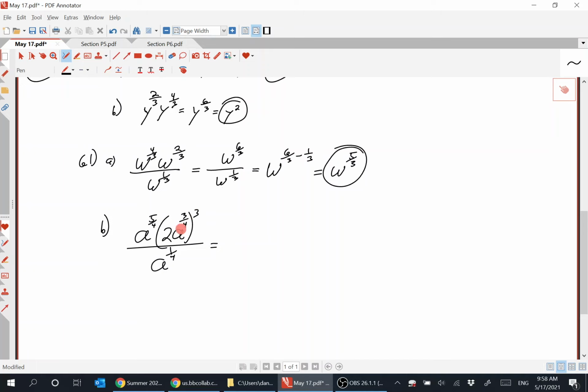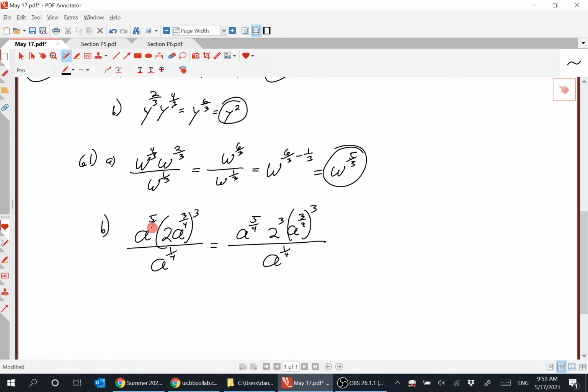Remember, exponentiation distributes over multiplication. So this becomes 2 to the third times a to the 3/4 to the third over a to the 1/4. Right?